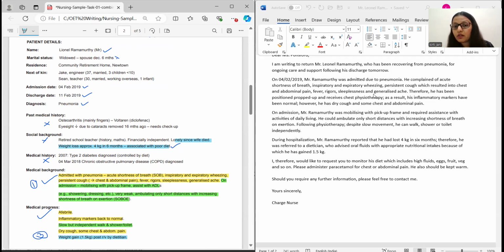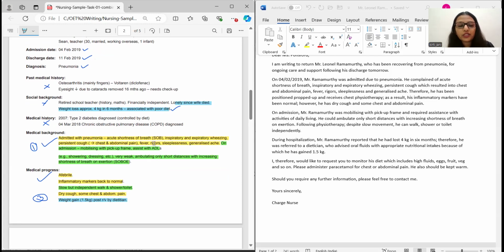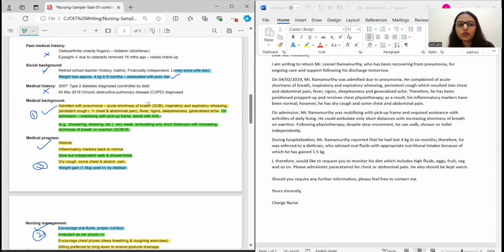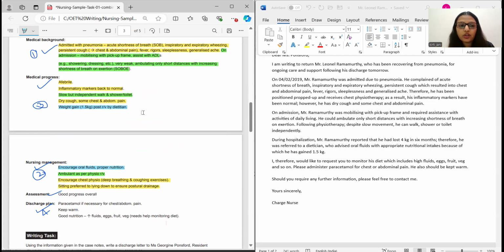Therefore, he has been positioned propped up and receives chest physiotherapy. As a result, his inflammatory markers have been normal. However, he has dry cough and some chest pain. So here you can see that I have jotted down the patient's complaints, followed by management and then the progress.